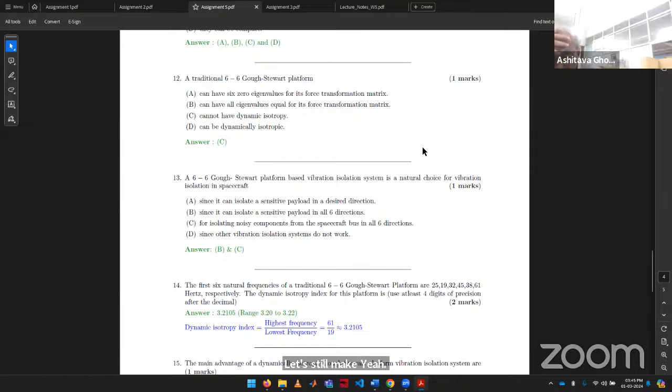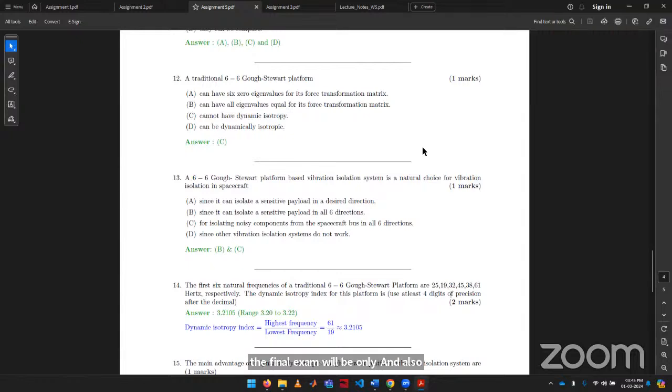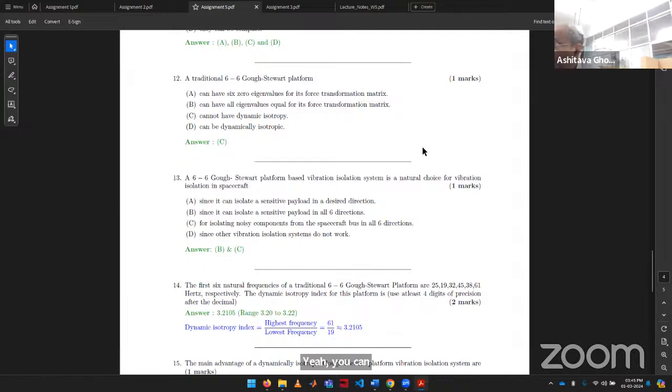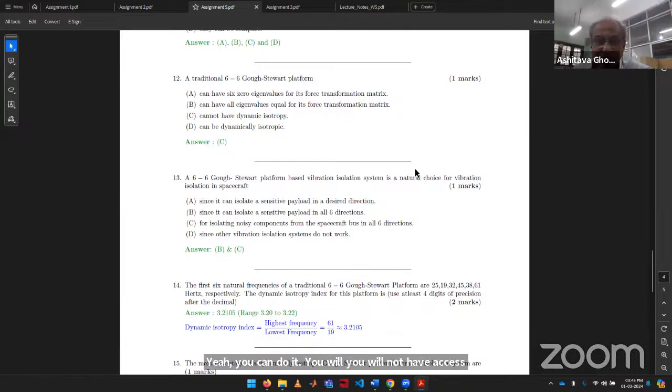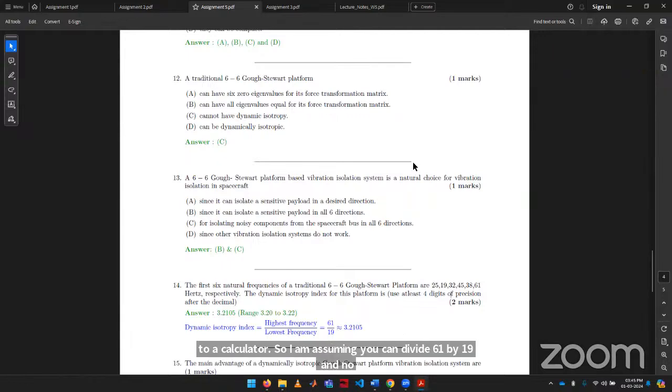I am assuming you can divide 61 by 19 and know that it is approximately more than 3.2. Like the JEE, you will have a calculator. Oh, okay, the TA is telling me that you will have a simple non-scientific calculator on the screen.